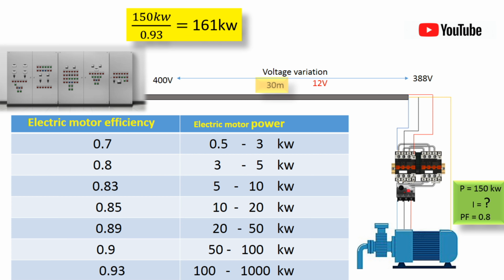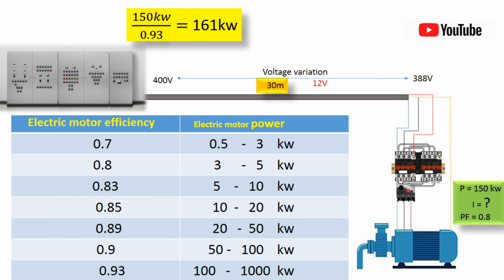Before calculating the cable cross-section, we must note that the power written on the motor nameplate is mechanical power, and it needs to be converted into electrical power. To do this, you simply need to look at the table. Whatever the motor power is, divide it by the motor efficiency, shown in the table, to obtain the electrical power of the motor.